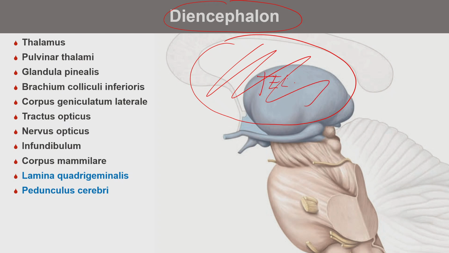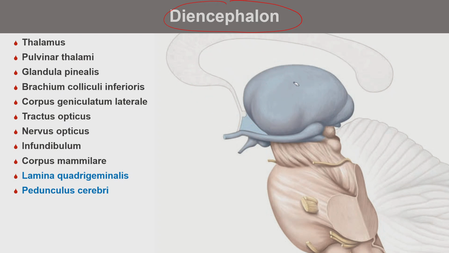If you remember the image, how the mushroom of the telencephalon is growing or overgrowing over the diencephalon, here is also the coverage of telencephalic structures. So the thalamus is almost ovoid, and we can see it here from the lateral part.